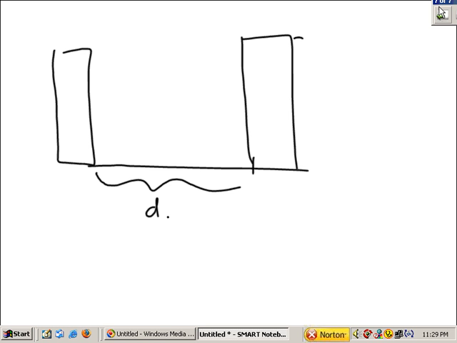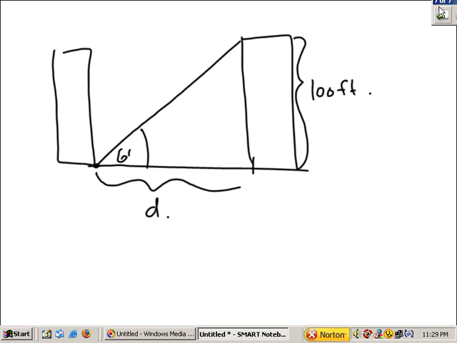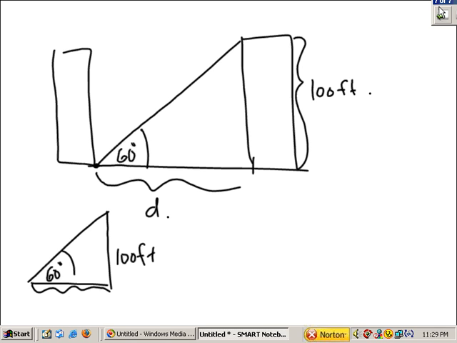And this time you were told that this building is 100 feet. And if you were to draw this line, it would be 60 degrees, the angle. Yes, it'll be a bit shorter or miniaturized, but this is what you have. And somebody's asking you how long that is. How long is D?